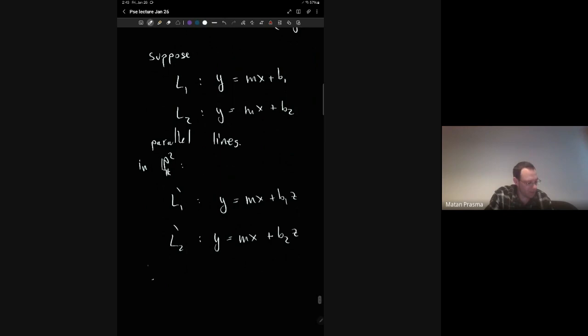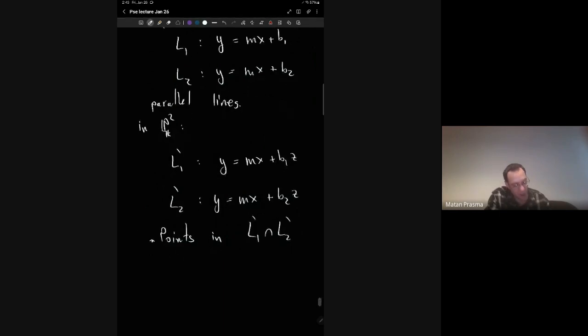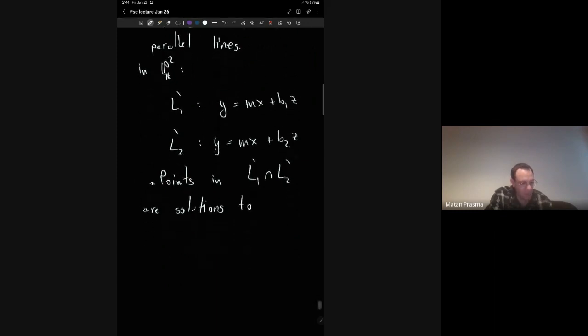And points in the intersection of L1 prime and L2 prime are simply the solution set, the solutions to the following equation.